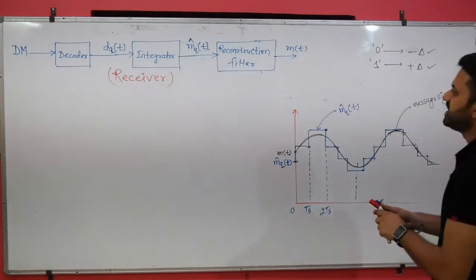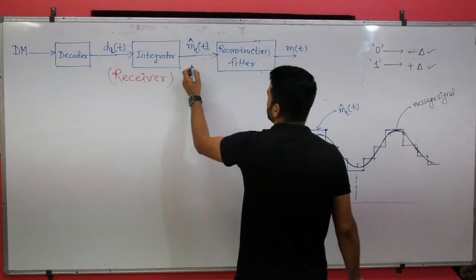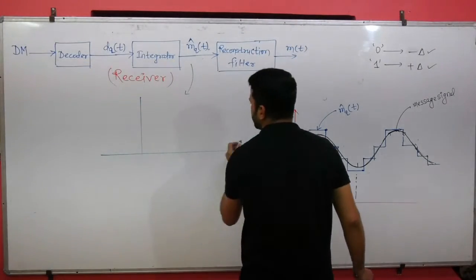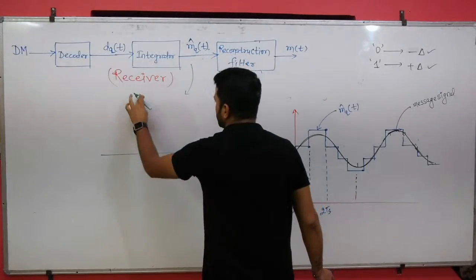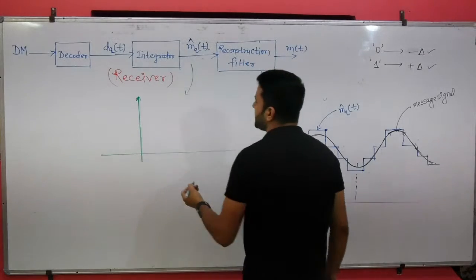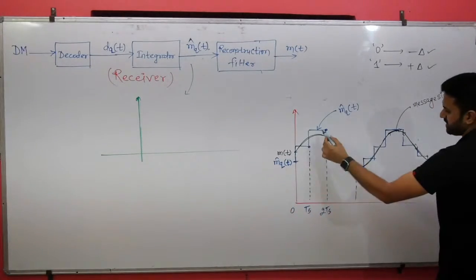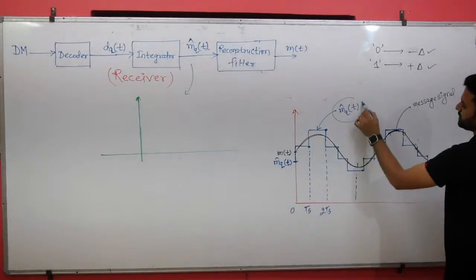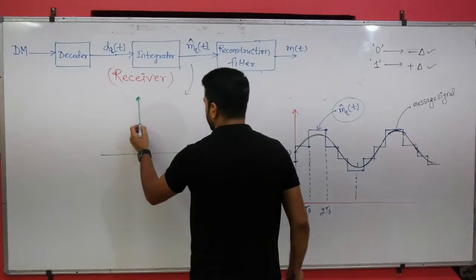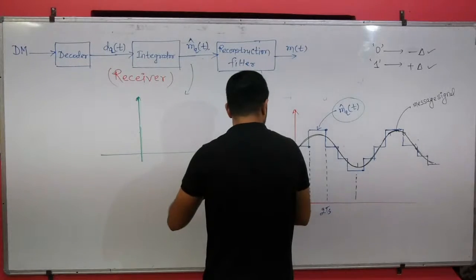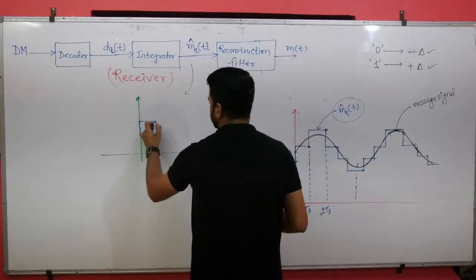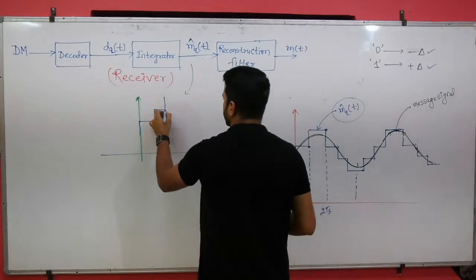So here at the output of the integrator, you will get the step signal. And which kind of step signal you will get? In the diagram itself, you can see the output of the integrator M cap QT, which has been drawn like this.